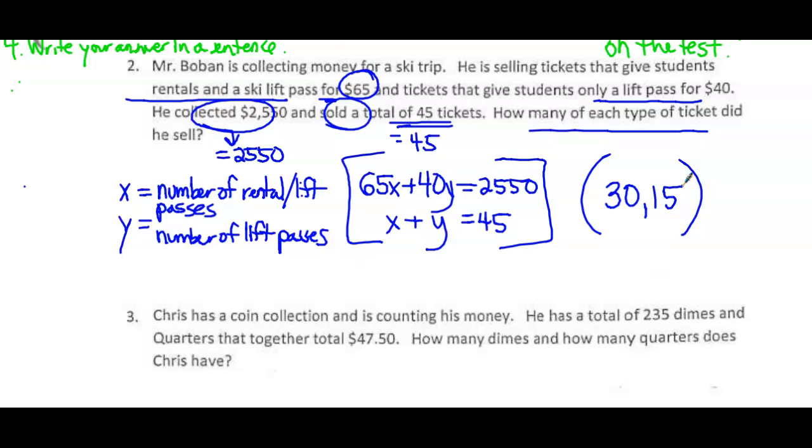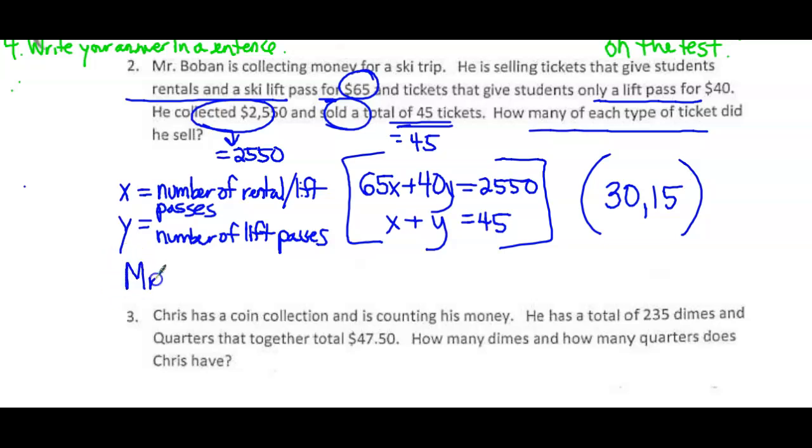Now remember, this is 3 of the steps. Define your variables, write your system, have a solution, and then you need your answer in a sentence. So you need to state what the 30 represents. You need to state what the 15 represents. So I'm going to write it down below.